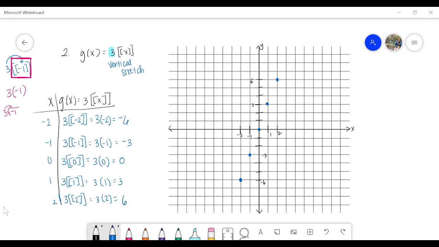So what we need to figure out is what's happening in between. Between -1 and -2, we have points like -1.5. What's happening there? Well, if we say 3 and we plug that -1.5 into our step function, again, remember, think of a number line. The greatest integer below that is still -2.